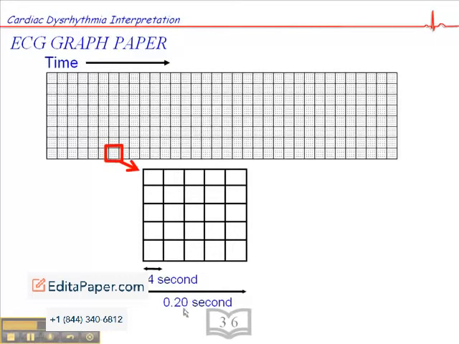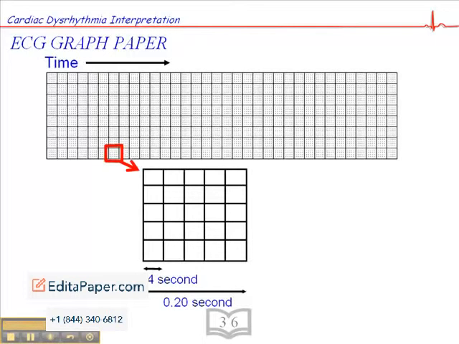I added the 0 here only because 4 multiplied by 5 is 20, so for my mathematically challenged mind, it's just easier to think 0.20 second. 0.20 second is the same thing as 200 milliseconds. So that's the graph paper, that's the time that they represent.